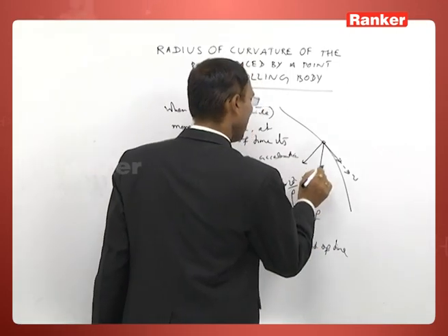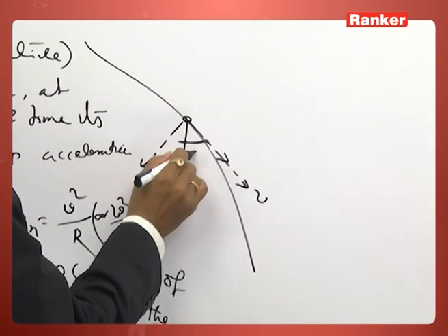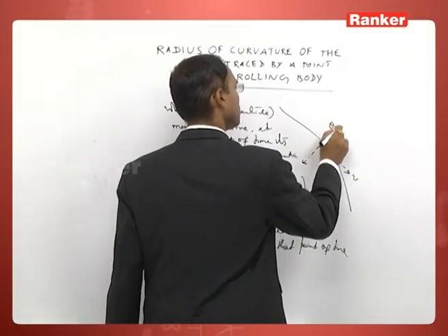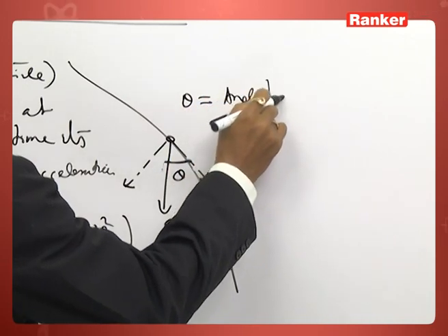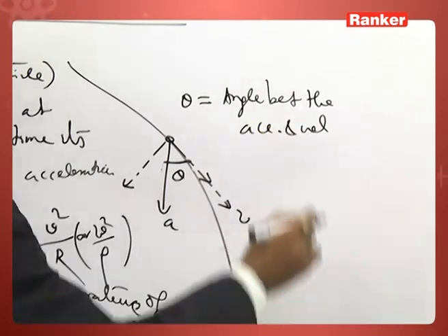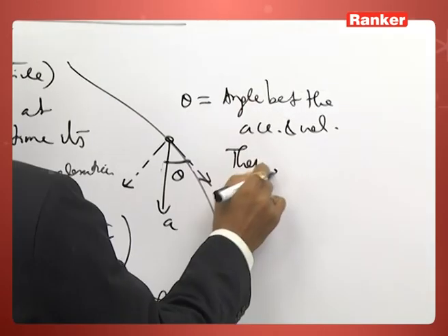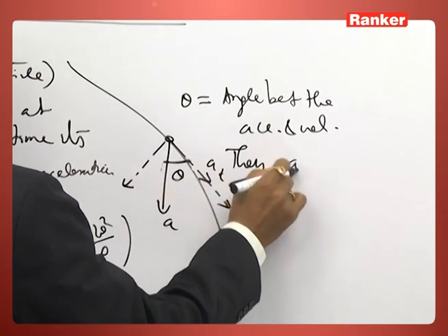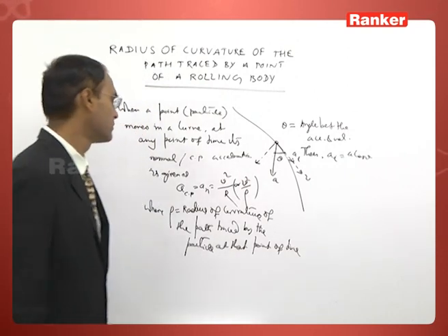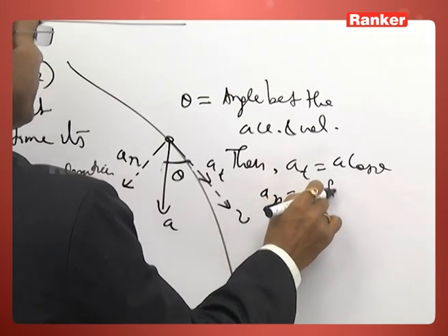If the acceleration of the particle is a, and the angle between the acceleration and the velocity is theta, then tangential acceleration is a cos theta, and normal acceleration is equal to a sin theta.